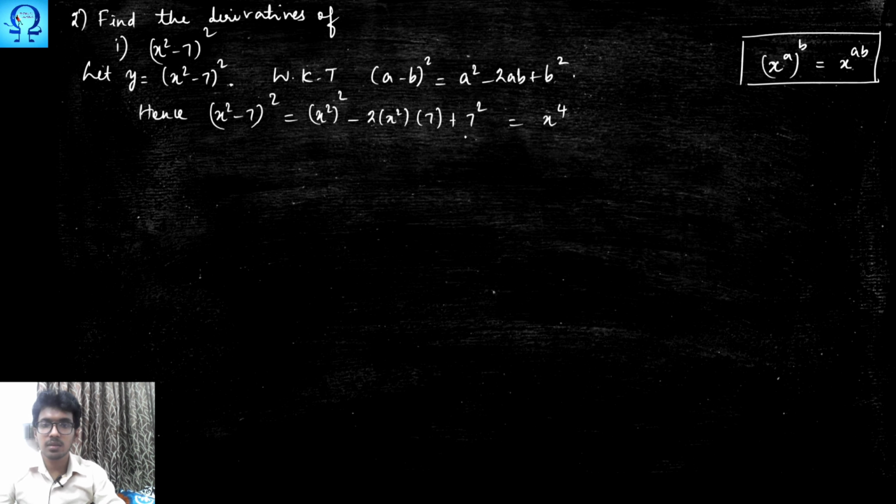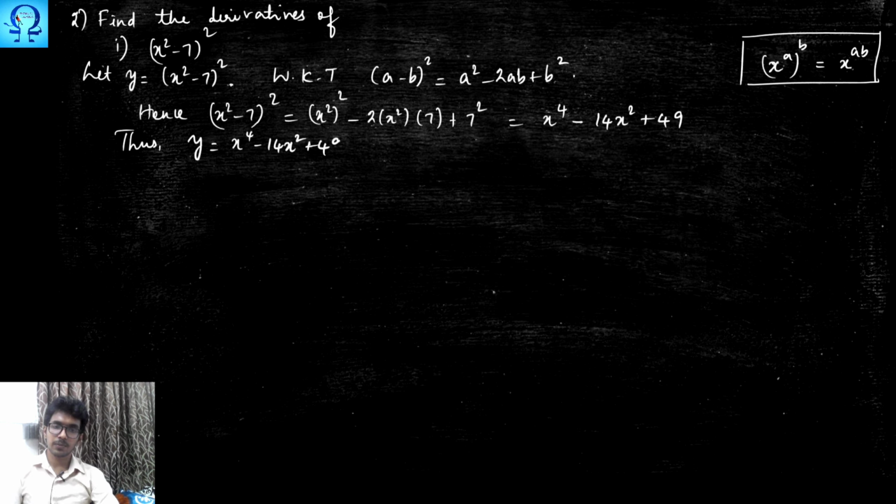Using this result, we write this as x power 4, and 2 and 7 are constants, so we can multiply them. It is going to be 14x square plus 49. Therefore, your y is going to be x power 4 minus 14x square plus 49.